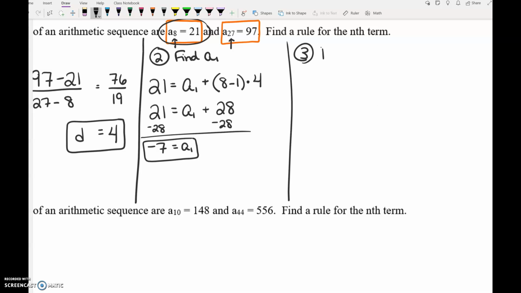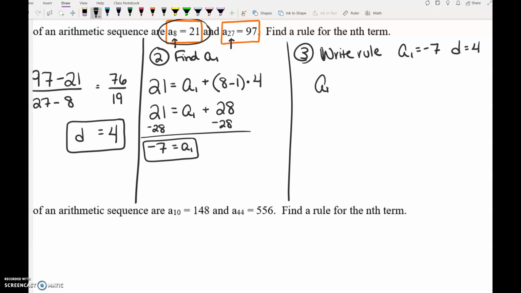Step 3, we need to write the rule. We now know our first term is negative 7. Our common difference is 4. Honestly, I think part of today is just using this formula so many times that you memorize it just by default because you've done it so many times.